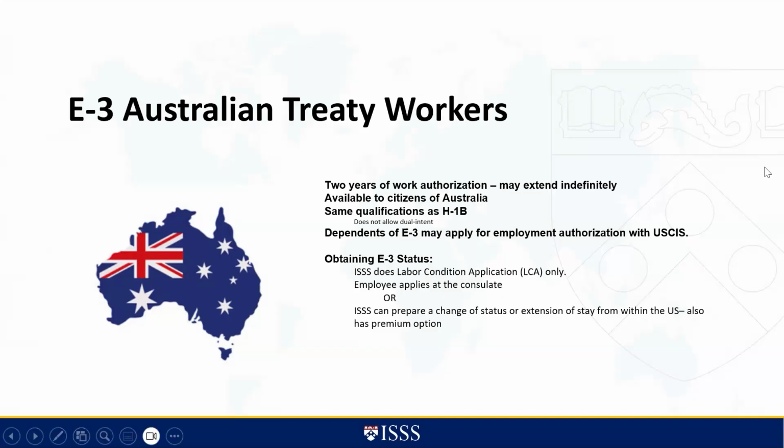Two things that we can do: we can either help you file a change of status in the United States, or the worker can apply at the local consulate. And just like TN, E3 can also be submitted through IPEN.